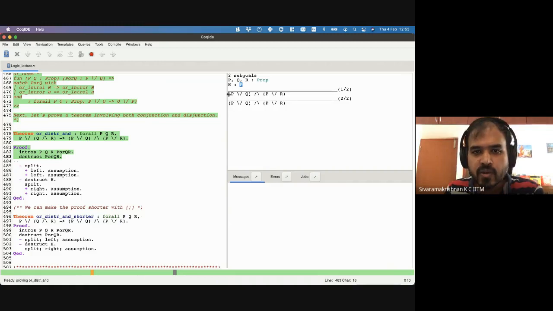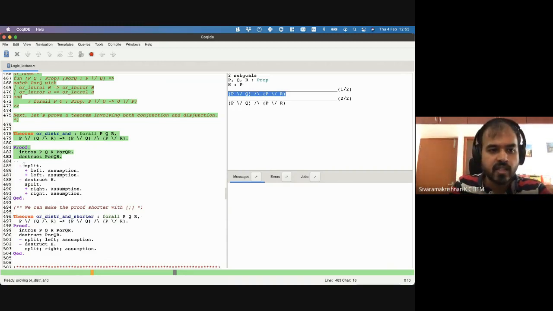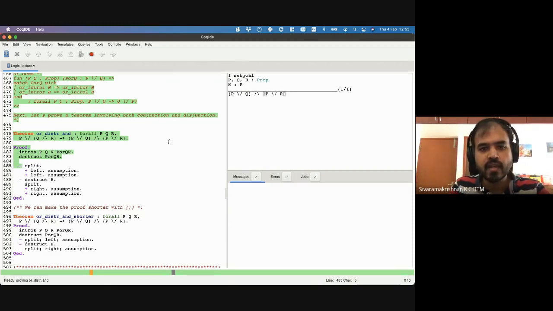I need to show that a conjunction holds, so I need to show that both of the subcases hold. So let's split it. I'm just zooming into the first one. Let's split it now, and you get two more subgoals that correspond to the two components of the conjunction.